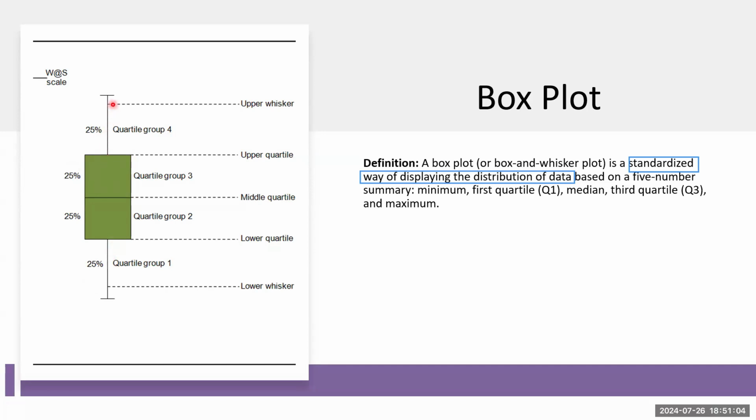And then we have the upper whisker. The upper and lower whiskers represent scores outside the middle 50 percent. So this and this, these lines, they represent scores that are outside this middle 50.